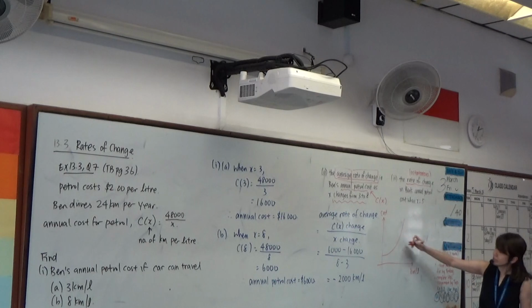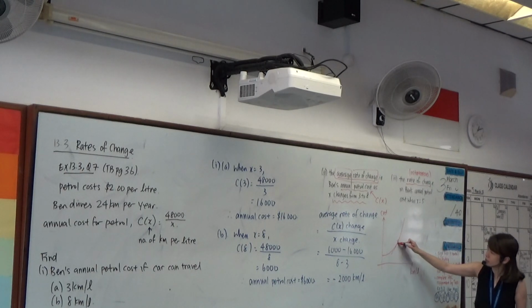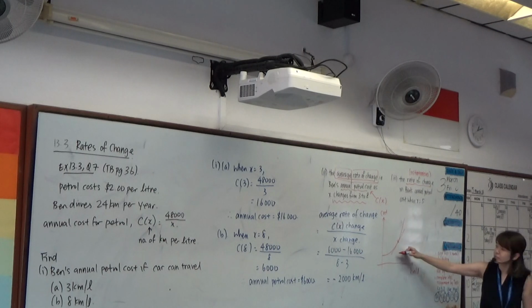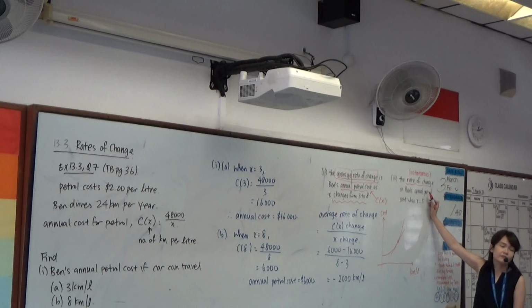What we're trying to find is that at this particular point, how is that tangent that we draw, how is that gradient value going to be? That is what this question is trying to find.